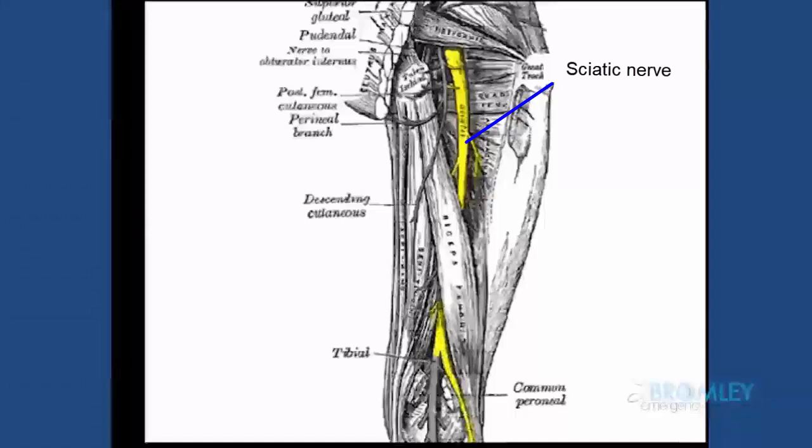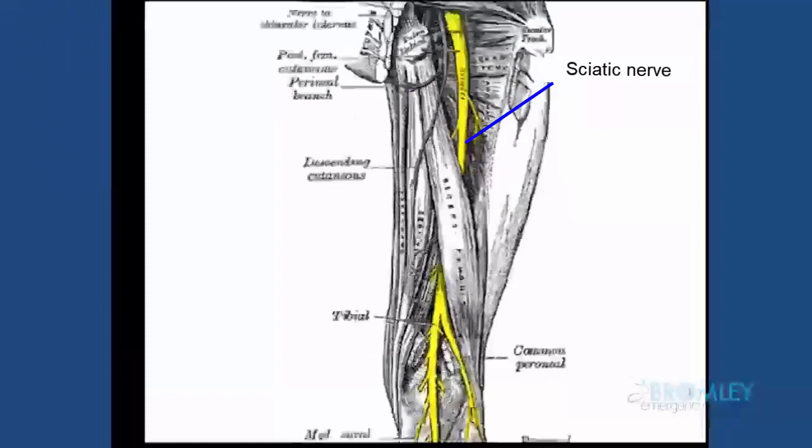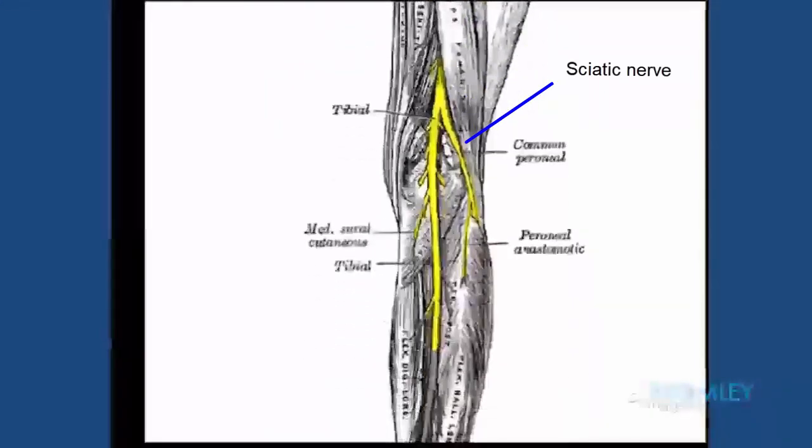The common peroneal runs laterally before going around the neck of the fibula, and the tibial goes straight down to the medial side of the foot. So that's the common peroneal and the tibial nerves, and we're going to be meeting them a lot as we go ahead.